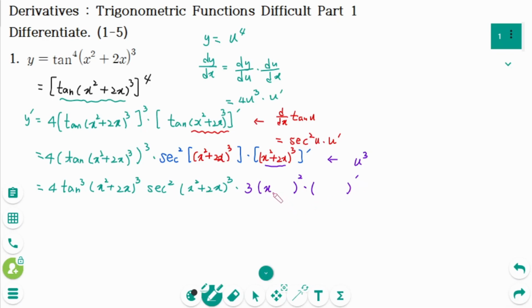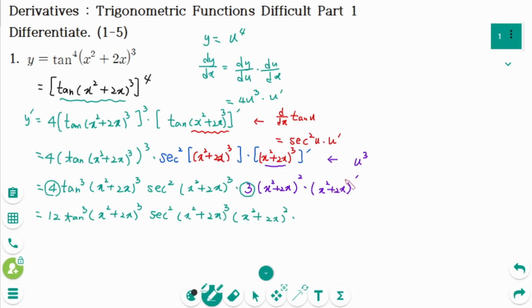The inner function is x squared plus 2x. 4 times 3 equals 12 tangent cubed of (x squared plus 2x) cubed, secant squared of (x squared plus 2x) cubed, times (x squared plus 2x) squared times (x squared plus 2x) prime, which equals 2x plus 2. Then 2x plus 2 equals 2 times (x plus 1).